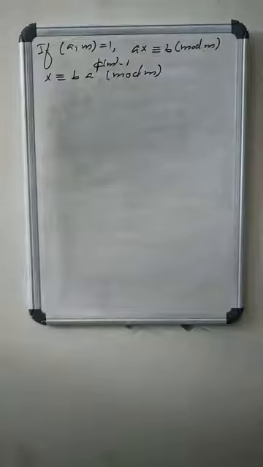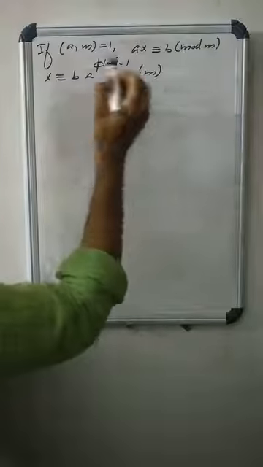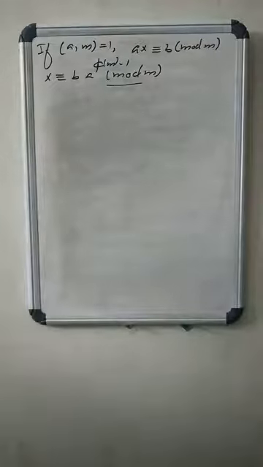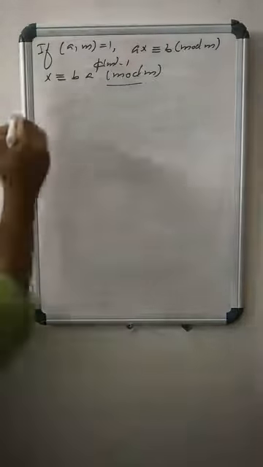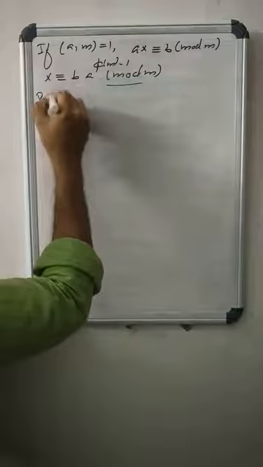If a and m are relatively prime, then the solution to the linear congruence ax congruent to b mod m is x congruent to b times a^(phi(m) minus 1) mod m. How? Come to the proof.